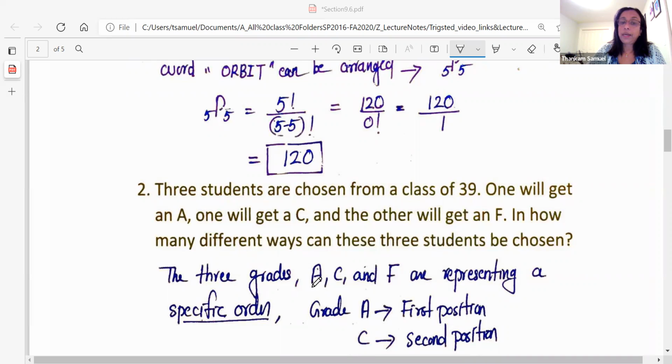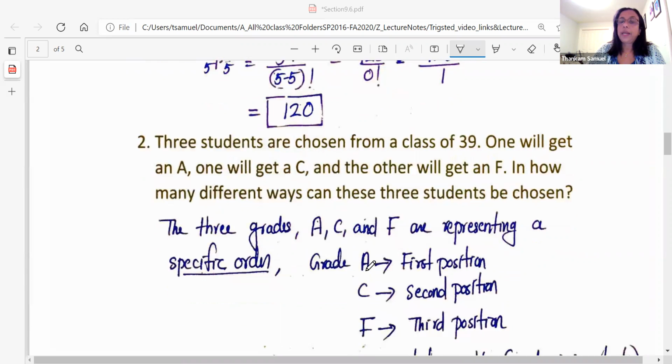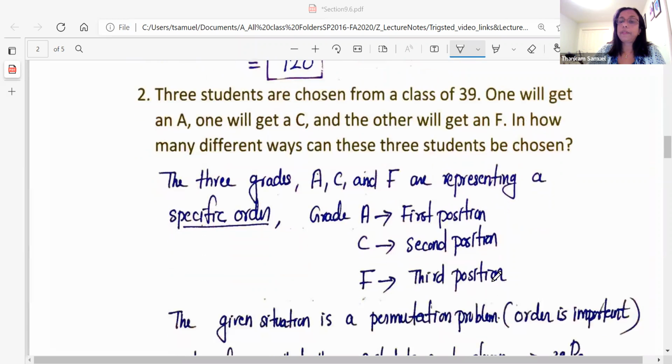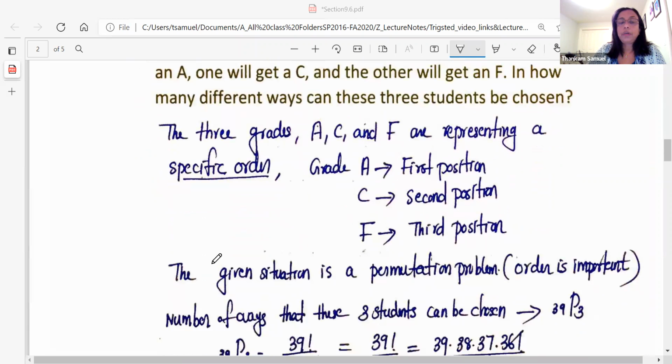As you know, the 3 grades A, C, and F represent a specific order. So grade A, the first position, grade C, second position, grade F, third position. So you can see that this given situation is also a permutation problem and order is important.